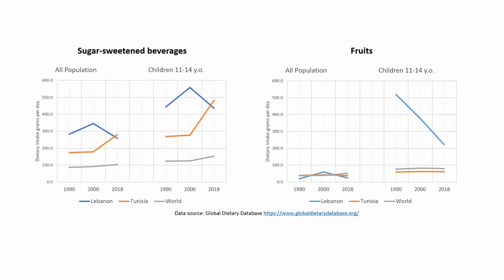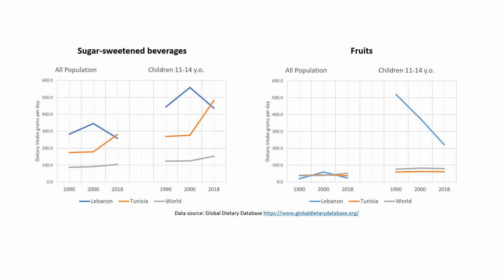Now, just to see how dramatic these shifts are, I took two comparisons between sugar-sweetened beverages and fruits. For the sugar-sweetened beverages, the consumption has increased dramatically in Tunisia for the overall population and among children.